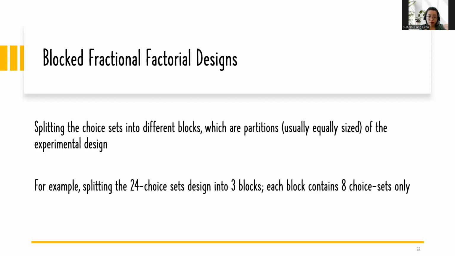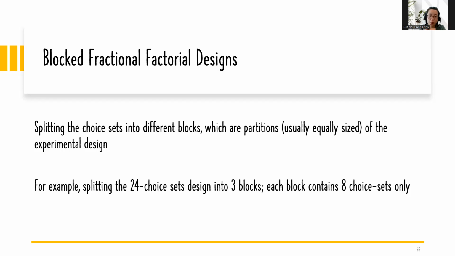than the non-block design. For example, if we originally have 24 choice sets to present to our respondents, but we think 24 is just too many and we want to further reduce their burden, we can consider splitting the choice sets into 3 blocks. Here, the number of blocks we set is 3. If we do this, we will split the 24 choice sets design into a 3 block design in which each block only contains 8 choice sets.